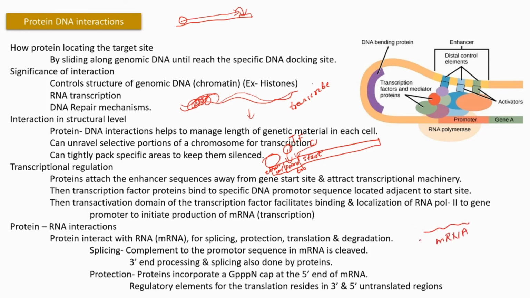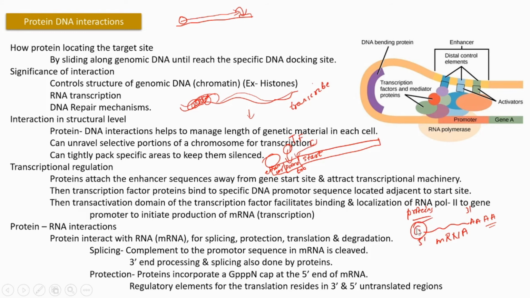Its 5' end is capped with the help of a modified guanine base, and the 3' end is modified by the addition of polyadenosine nucleotides. In that way, mRNA needs to be modified. In that modification also, so many proteins are involved. Okay, that is another type of interaction.